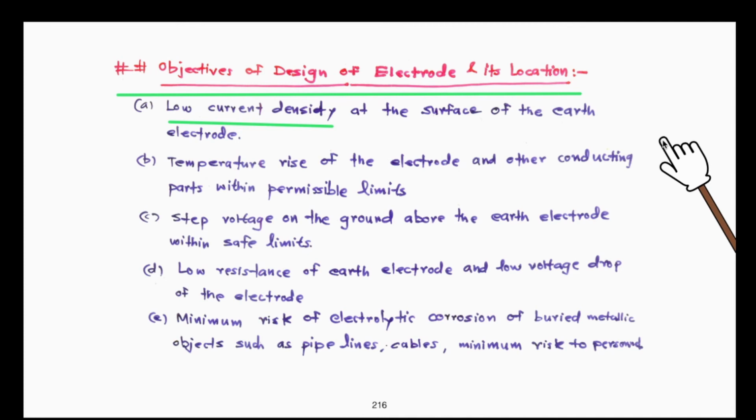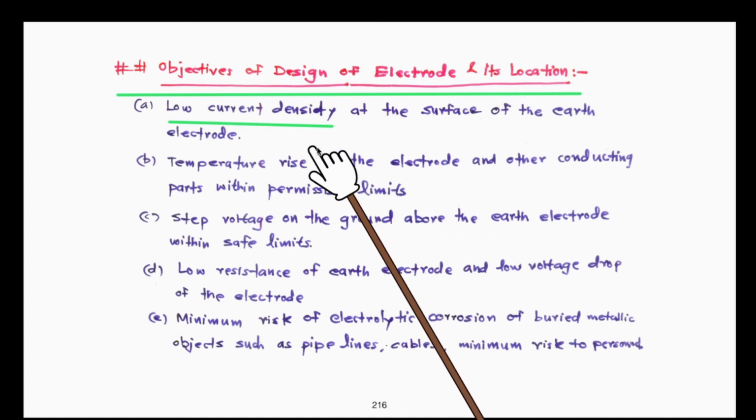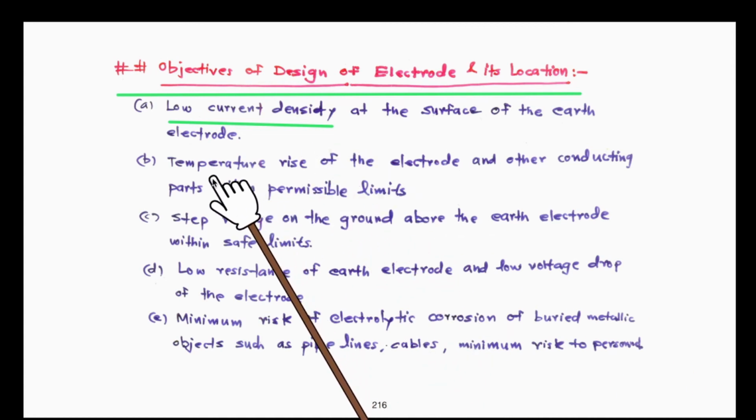Rather, it must flow through the complete cross section. Current density should be low. If current density is high, it is a very sensitive matter, since current is flowing through the earth. High current density at the surface will cause heating of the earth crust, and naturally the soil will get dried easily, and then the resistivity will increase. So low current density, that is the first point.